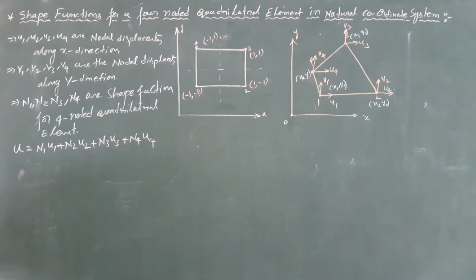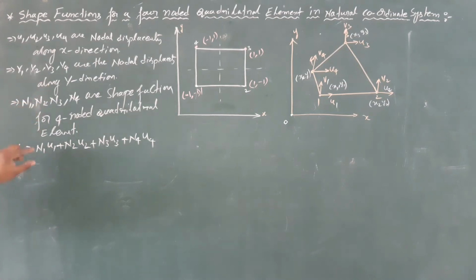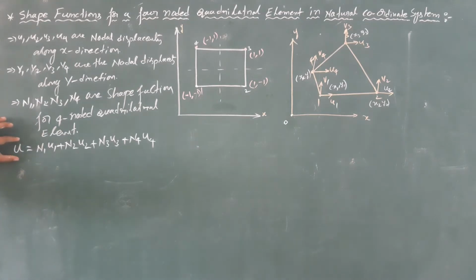Okay, this relation is very essential to find the nodal displacement. This is the relation between the shape function and nodal displacement. We can find the nodal displacement, that is the element displacement, by using shape functions. Without shape functions we cannot calculate nodal displacements.